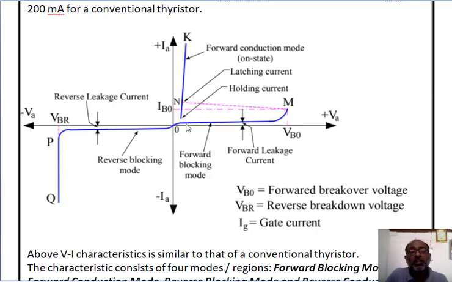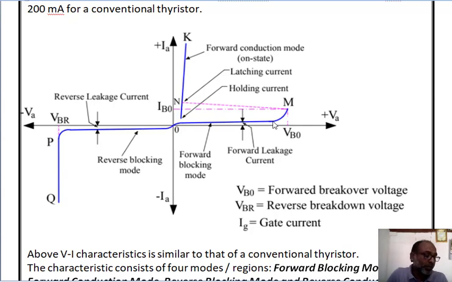But there is some leakage current flowing through this GTO, a very small amount of current, which is called leakage current. But the value of this leakage current in the GTO is greater than the leakage current available in the conventional thyristor.